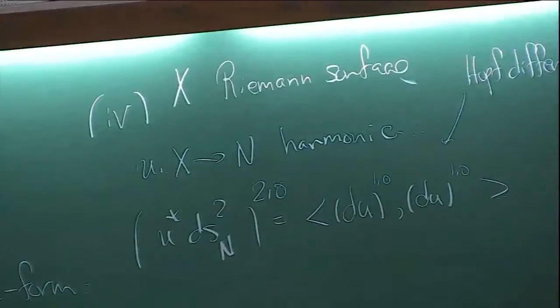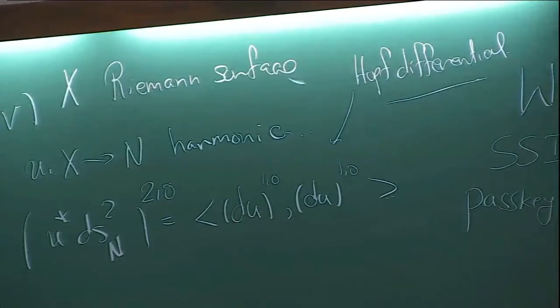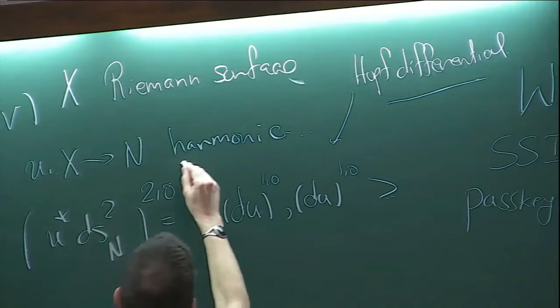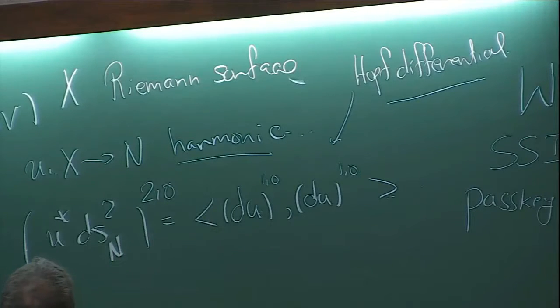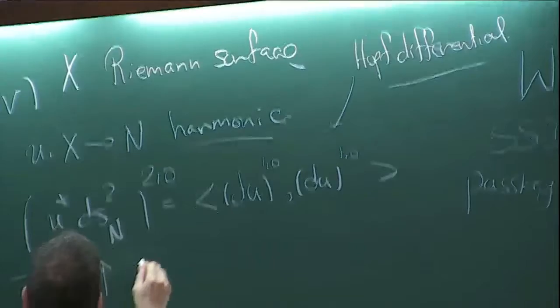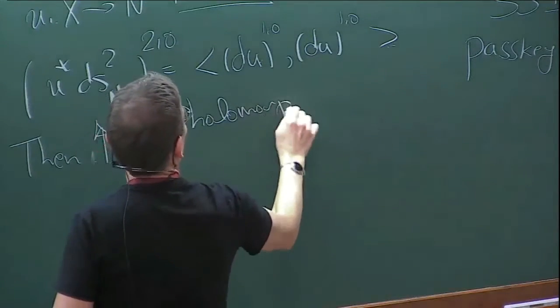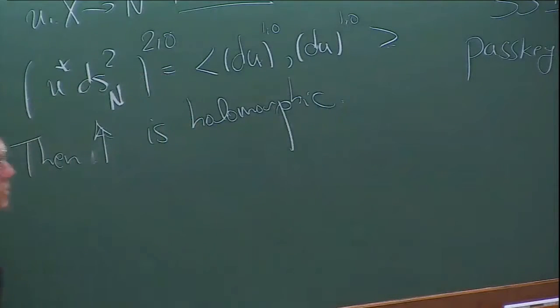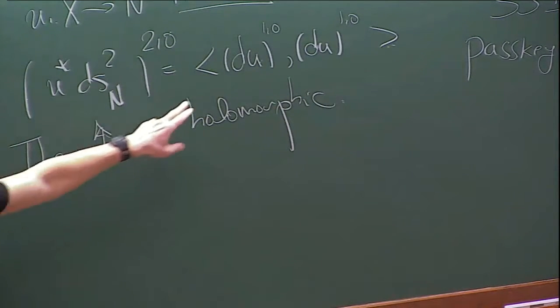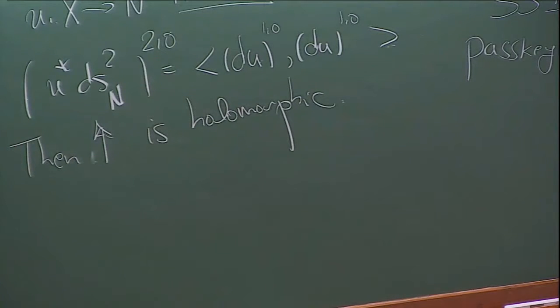Unfortunately, there's something else called the Hopf differential, so one has to be a little bit careful about the terminology. But the upshot here is that if u is harmonic, then this is holomorphic. That's an easy calculation to do just using this definition in the local expression.